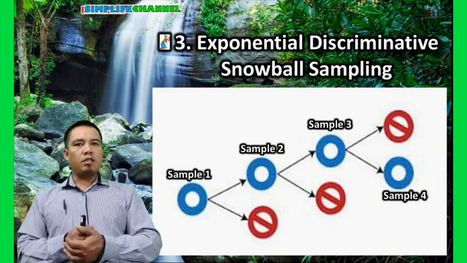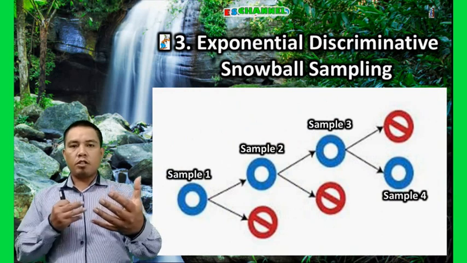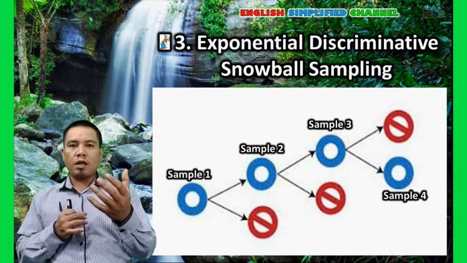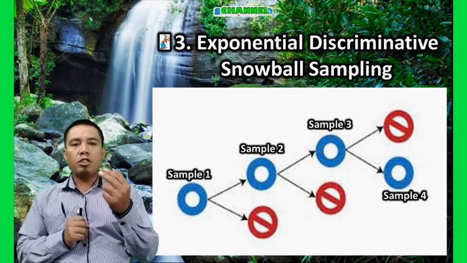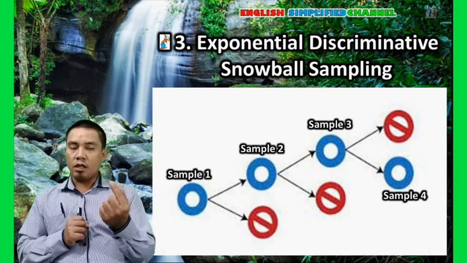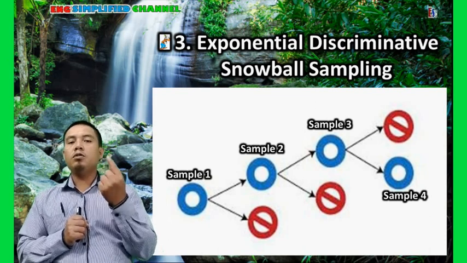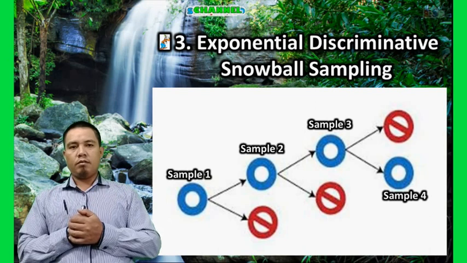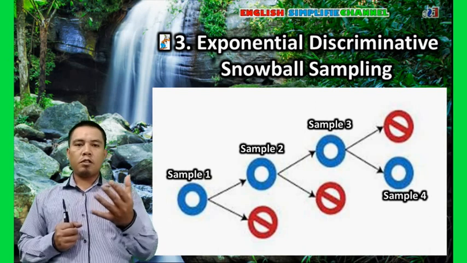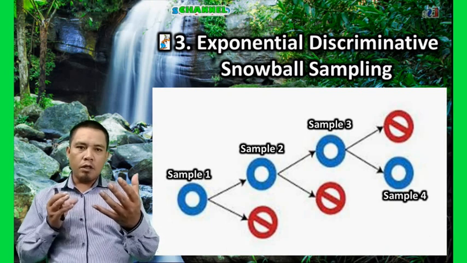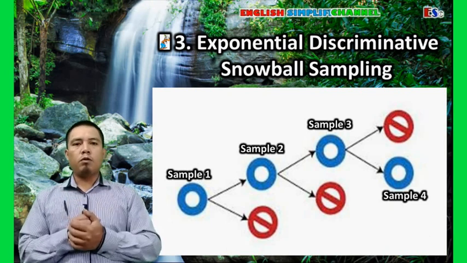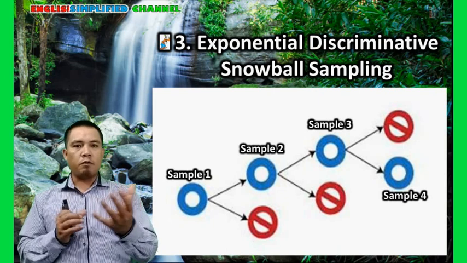The third type of the sampling is exponential discriminative snowball sampling. As you can see in the image, from the first sample, we get two other samples. But from these two samples, as you can see in sample 2, you only choose one. So let's say from the first sample, he or she gives you information about more samples, 5 samples for example.